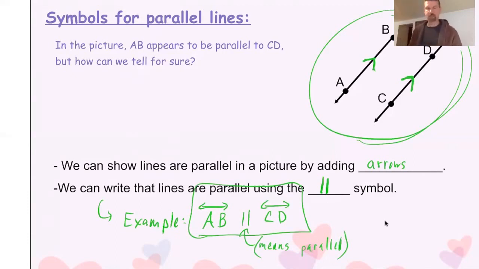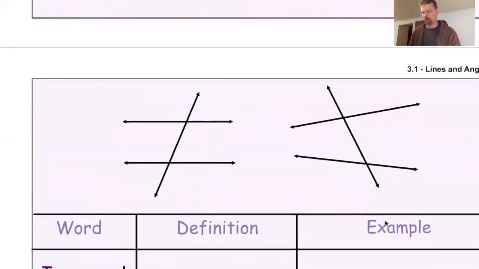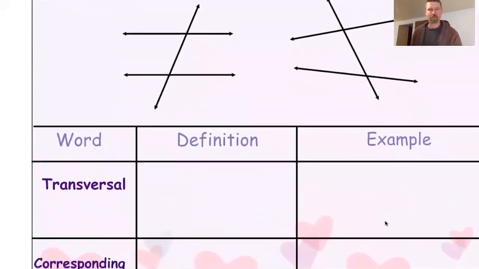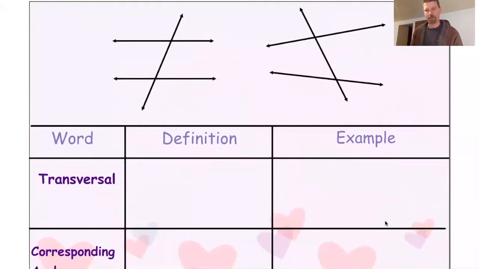All right, that's the first part of this class. Second part is just about angles formed when we have something called a transversal. So these pictures are going to be super helpful for us. You'll notice how this line here cuts across the other two, and this line here cuts across those two.